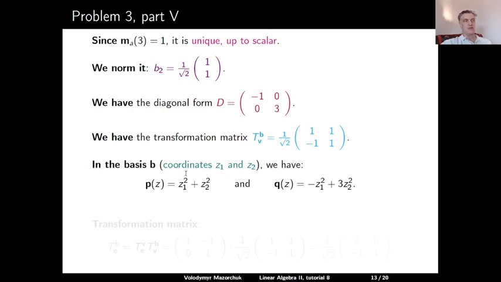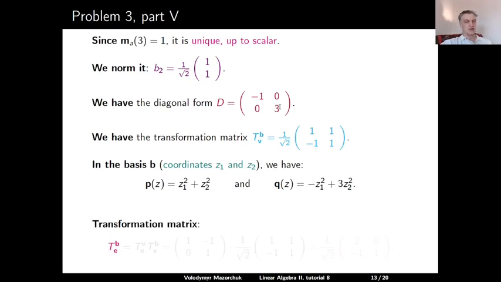So it's the same form as in the original orthonormal basis, but for the new coordinates. And the quadratic form Q has the form minus Z1 squared, this is because of this minus 1, plus 3 Z2 squared. This is because of this 3.